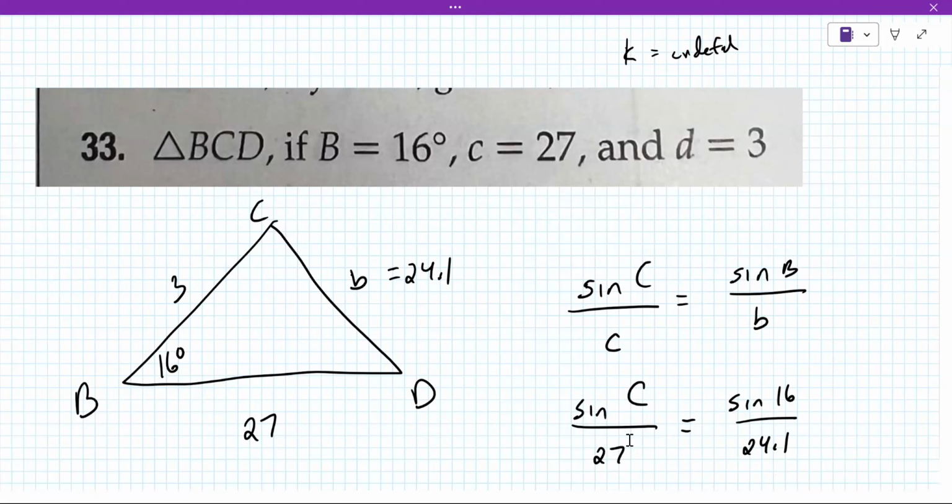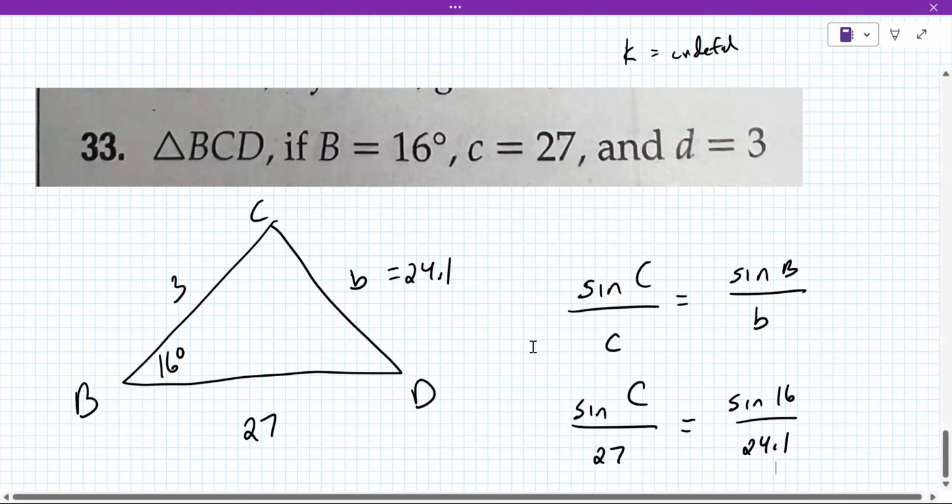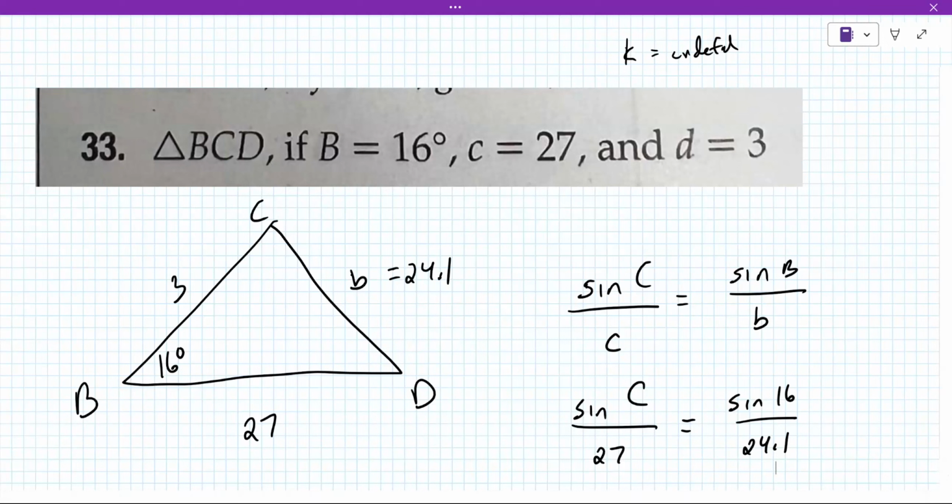I got 0.308. Okay, so you got to take a sine inverse of that. 17.9. That doesn't sound quite right here. The other ones were fine. Okay, let me try this.